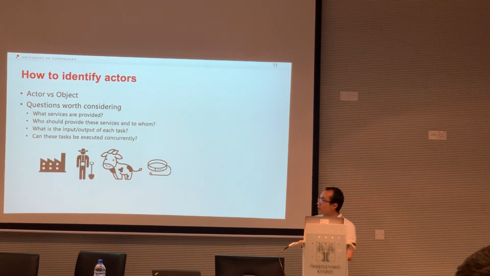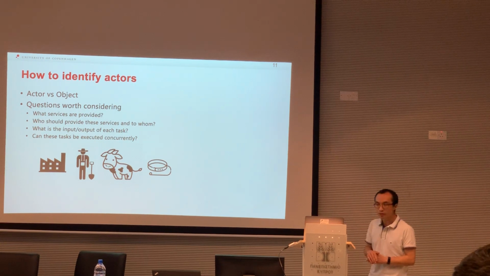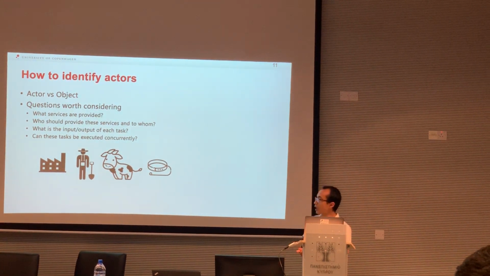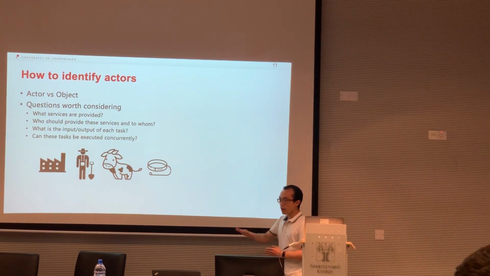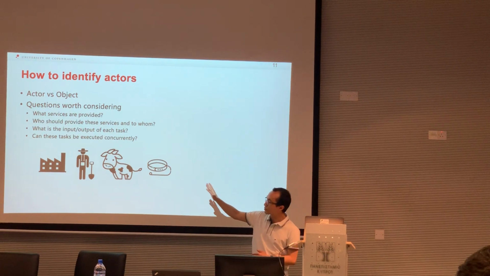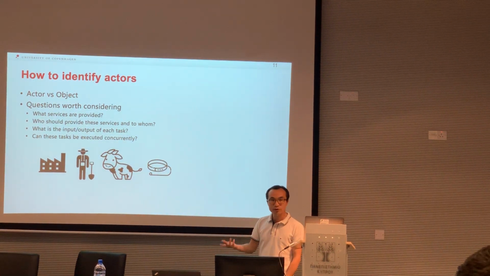Our experience when building this application is that we have to answer some questions. What kind of services should be provided? For example, the cow should provide some service, for example, the location of the cow. That's a service.